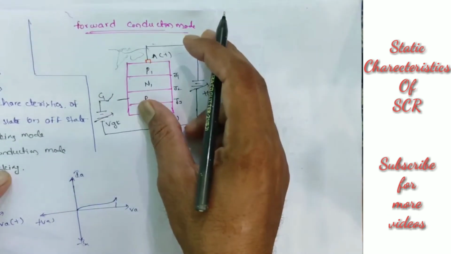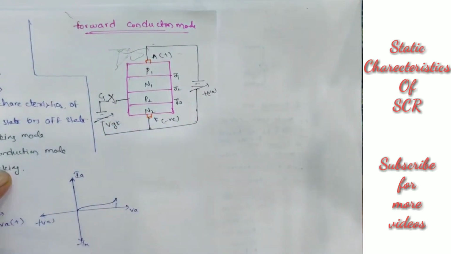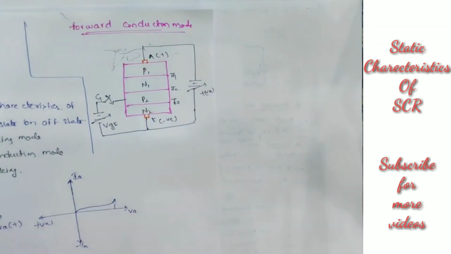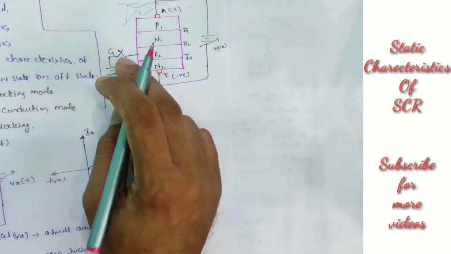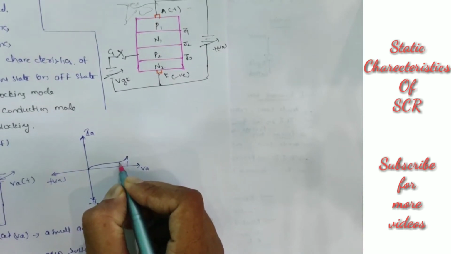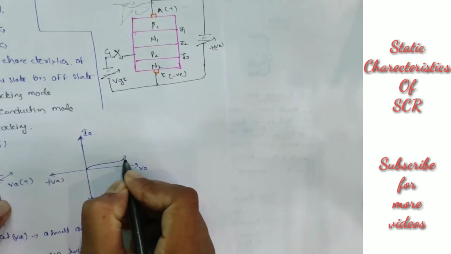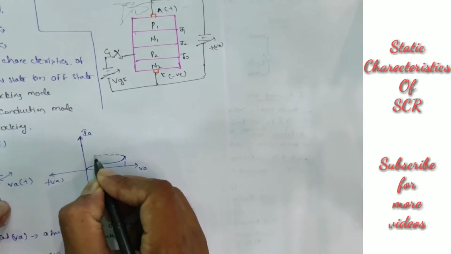In this forward conduction mode, we give the gate supply. If the gate current is increased, the SCR will turn on, that is, enter conduction mode.